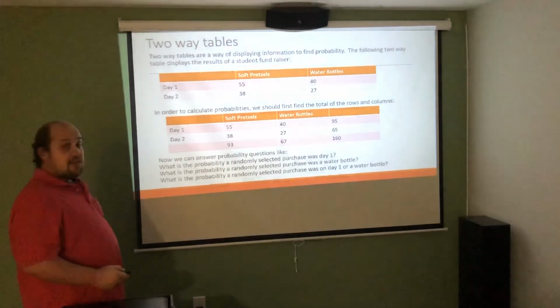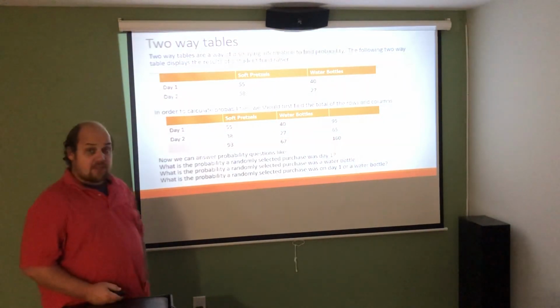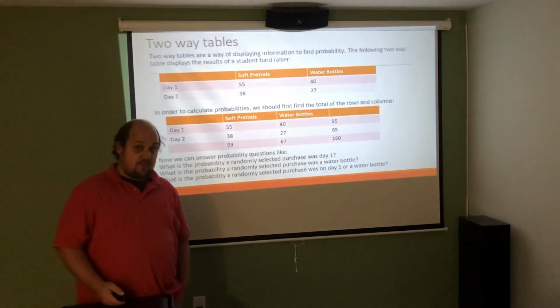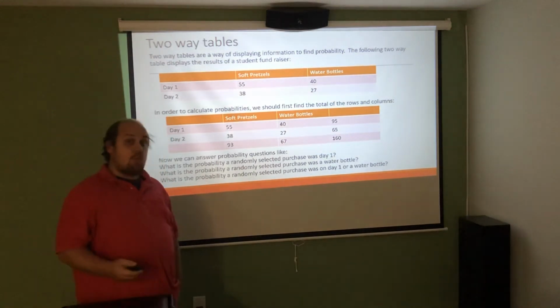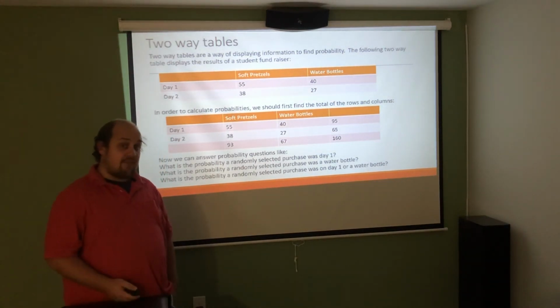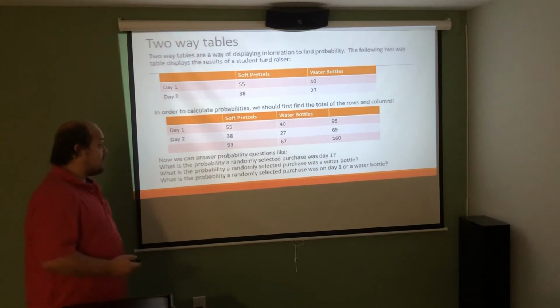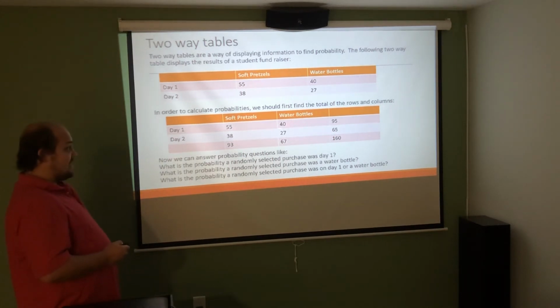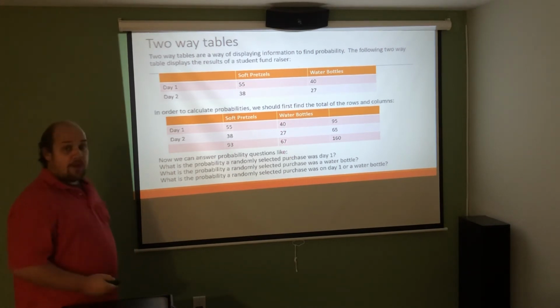So we would add those two together, 95 out of 160 plus 67 out of 160. But we need to say what's the overlap, what was counted in both groups. The thing that was counted in both groups is this cell here. These 40 water bottles that were sold on day 1 count as part of this 95 for all day 1 purchases, and they also count as part of this 67 for all water bottle purchases.